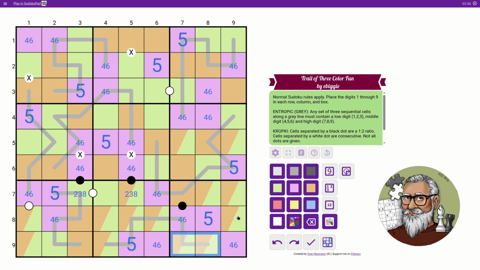I thought this one was green, but... How am I going to do that? Ah, well, we have 3 orange here, so... That's useful, right? That's useful.